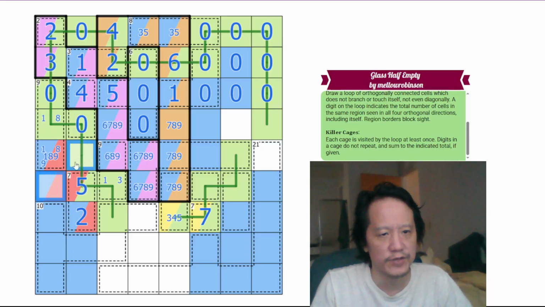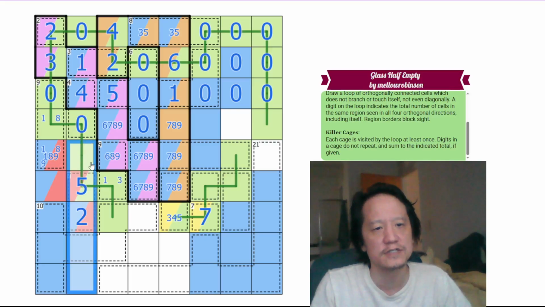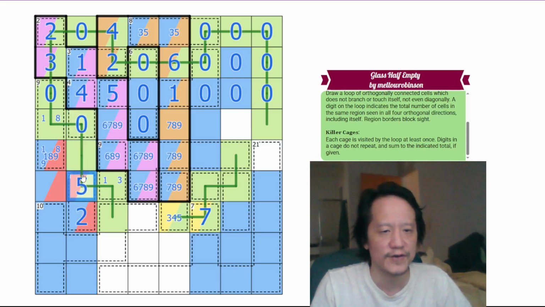And this, therefore, that's 3. It cannot be both, because if this is in the region, it's on the loop too, and therefore would see 6, have to be 6 cells at least, which means this would be 5 going that way, and it would see all 5 for that cell. So these could not be in the region.